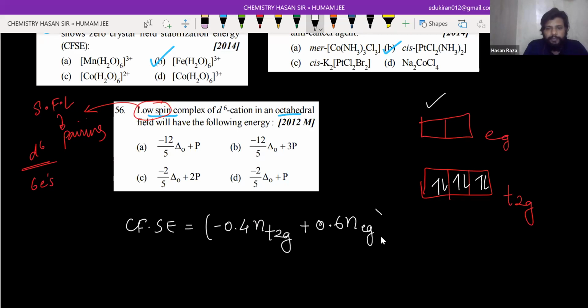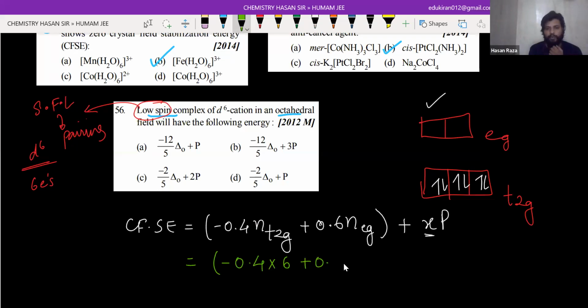And if the answer is in terms of pairing energy, you are going to write xP, where x is the number of paired electrons. Now you can see how easy it is. Minus 0.4 into the number of electrons in t2g. Can you tell me the number of electrons in t2g? That is equal to 6, plus the number of electrons in eg, that is equal to 0, right?